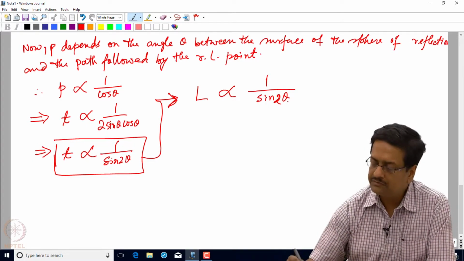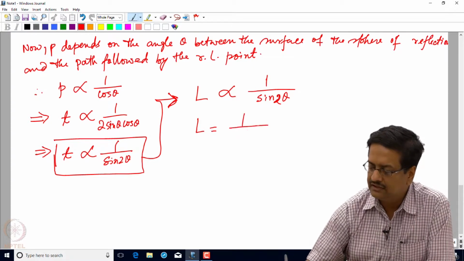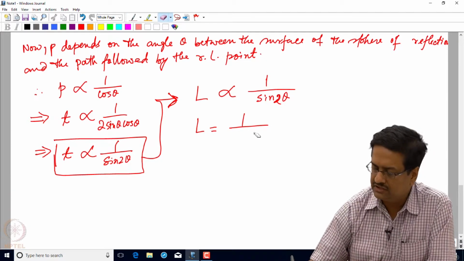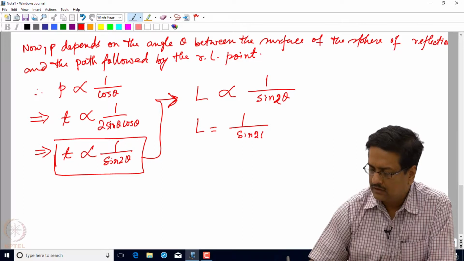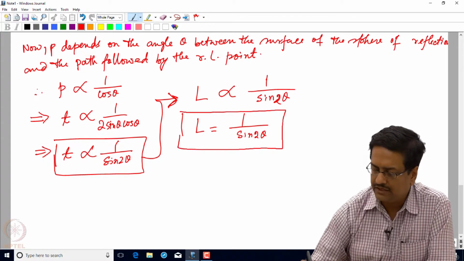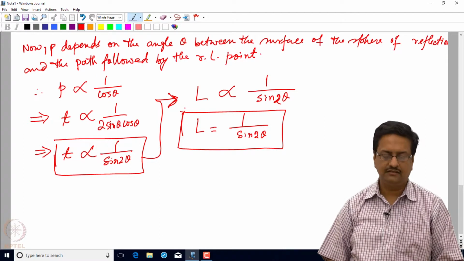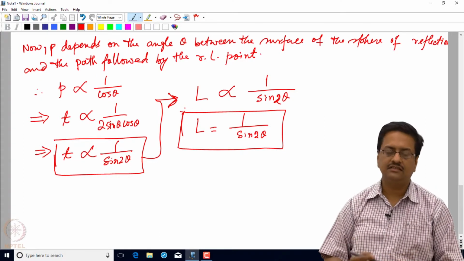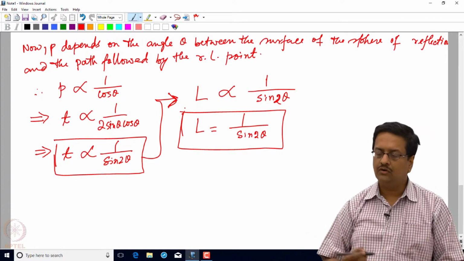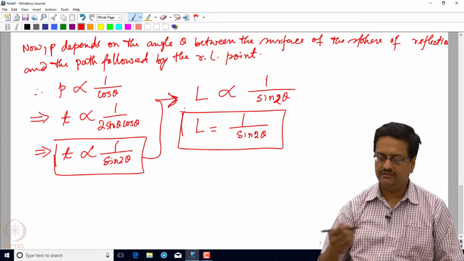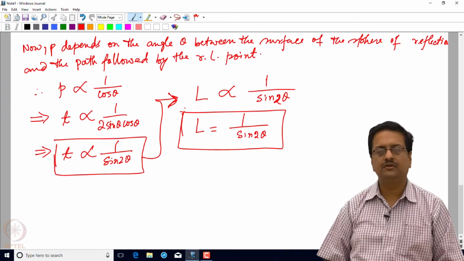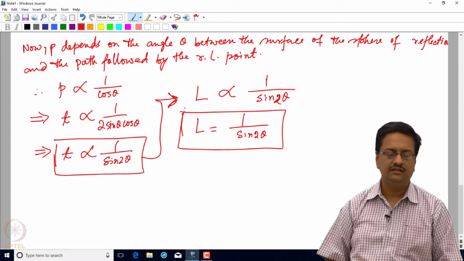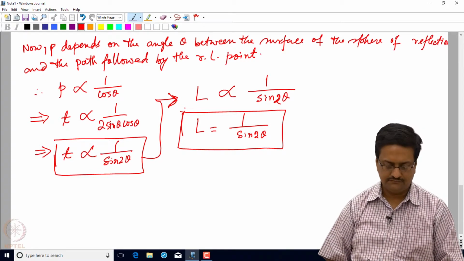For all practical purposes, this L is written as 1 by sin 2 theta, and this correction term is applied to the data that is collected. So this is how the Lorentz correction is applied to all the reflections, that is to all the reciprocal lattice points that are responsible for corresponding X-ray diffraction in different directions.